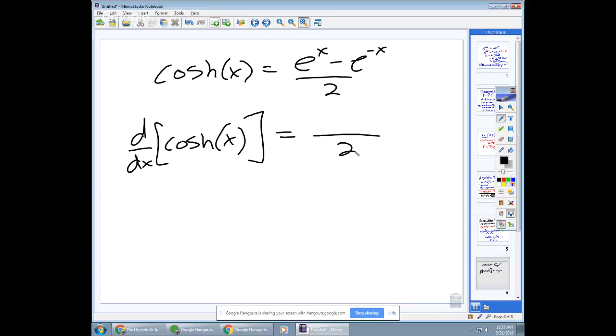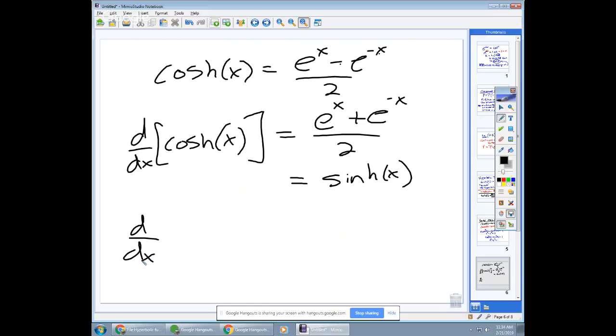E to the x is e to the x, but then I get a minus e to the negative x, which cancels that minus, so now I get e to the x minus e to the negative x, which is the definition of the sinh. It's just the straight sinh. And if you go the other way, you get just the straight cosh. So the derivative of the cosh is the sinh, and conversely, the derivative of the sinh is the cosh. And the antiderivative of the sinh is cosh, and the antiderivative of the cosh is sinh. We get all these beautiful relationships.